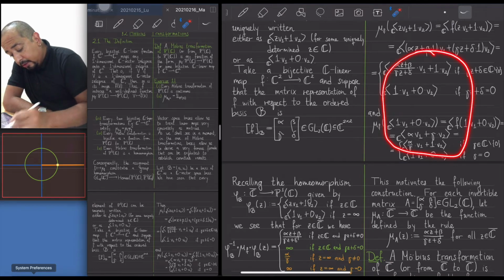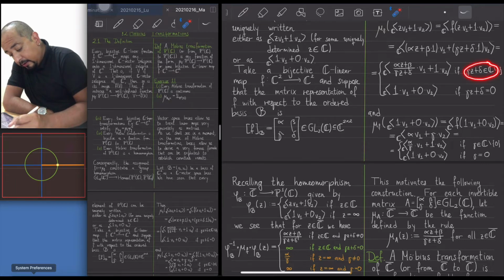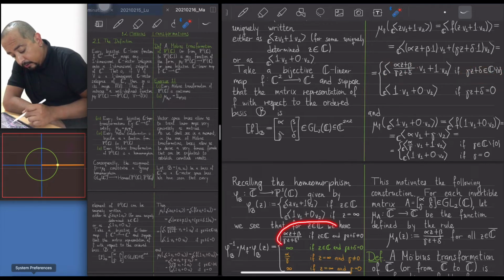to these computations, we see that if we have a complex number z and if gamma z plus delta is not 0, then we get to keep this point, right? So we have this rule. But if it is 0, then we say, okay, we keep the point at infinity.